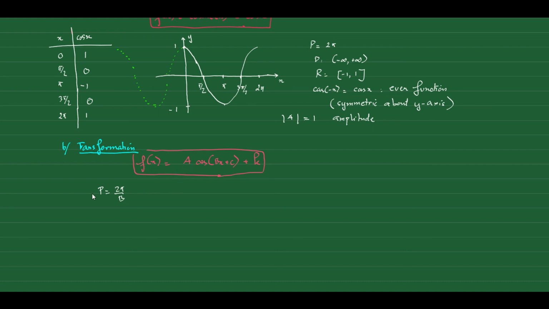The phase shift you calculate the same way: set bx plus c equal to 0, so x equals -c over b. The k value tells you how much it is going up or going down.